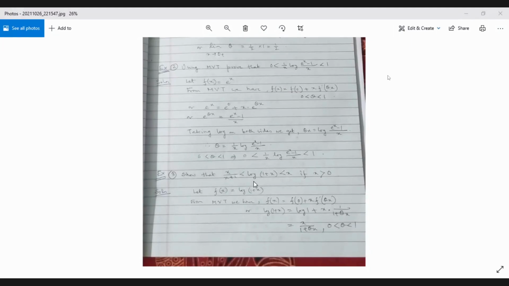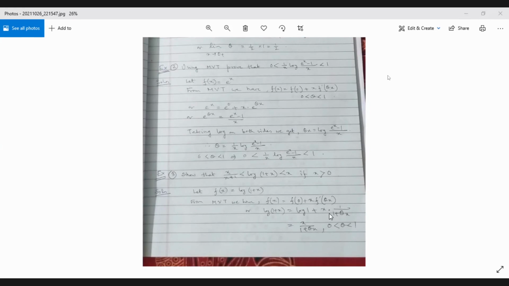f(x), I have put f(x) equal to log of 1 plus x. Now, Maclaurin's theorem states that f(x) is equal to f(0) plus x into f dash(theta x), where 0 less than theta less than 1. So log of 1 plus x will be f(0), which means log 1, plus x into f dash(theta x). f dash(x) is 1 by 1 plus x, because derivative of log x is 1 by x.